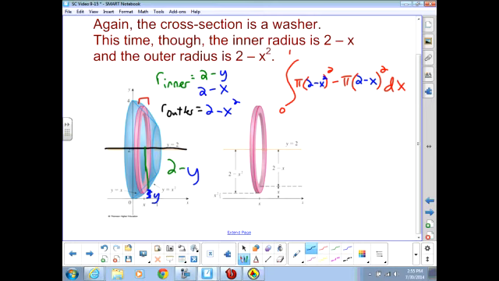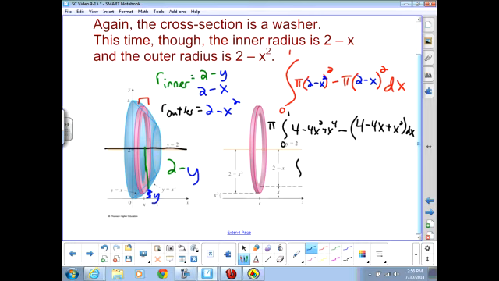Now let's see if we can take our integral. Well, let's pull the pi out front. The 2 minus x squared and the 2 minus x, we're going to have to FOIL each of those. The 2 minus x squared will end up getting 4 minus 4x plus x squared. Wait, expanded, the (2 minus x squared) squared gives 4 minus 4x squared plus x to the 4th, minus, now keep in mind this all has to be subtracted, so put it in a parenthesis, 4 minus 4x plus x squared, and then our dx.